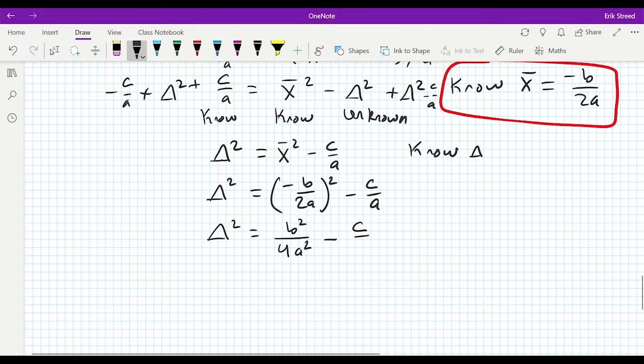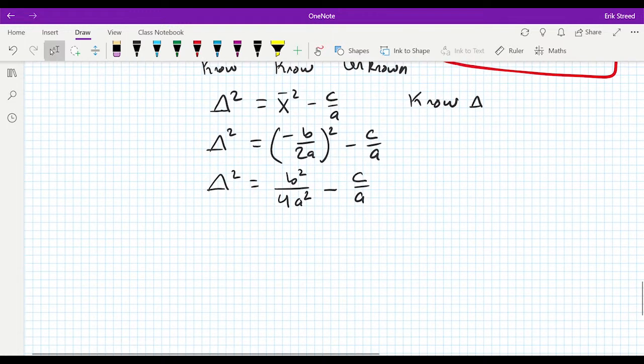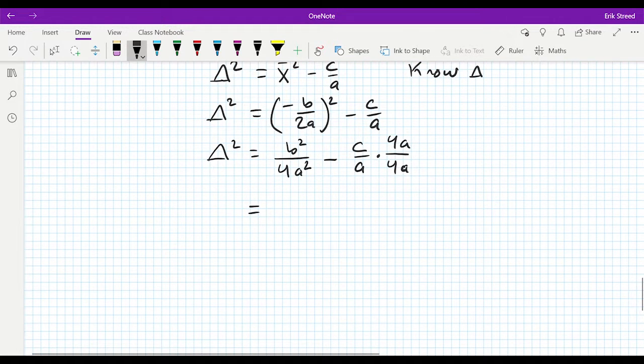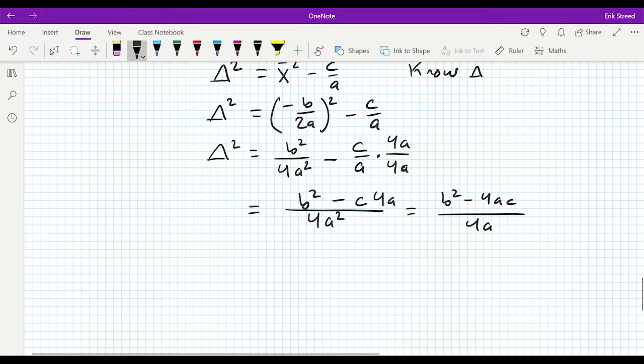Now I've got minus C over A. So what if I want to combine those fractions? So if I multiply top and bottom here by 4A, what do I get? I get a common denominator of 4A squared for both of them. I get B squared minus C times 4A, which we could just write as B squared minus 4AC. That looks suspicious.